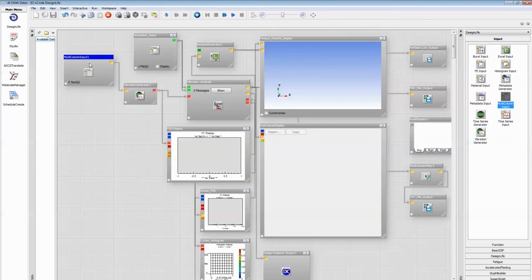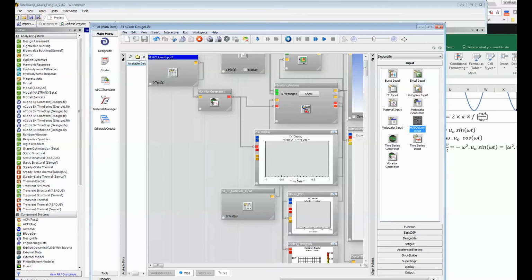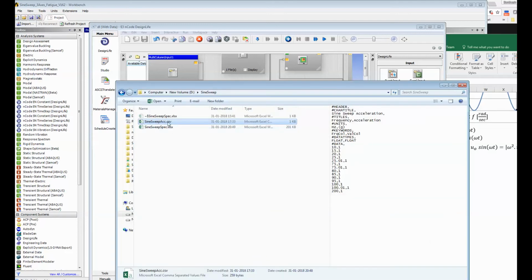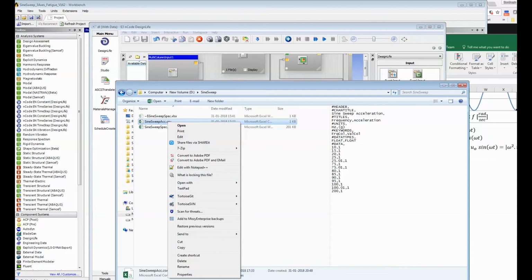Then we can connect these two. In this glyph we are going to refer to an external file which contains this table. The external file will look something like this, so we are going to use a CSV file.